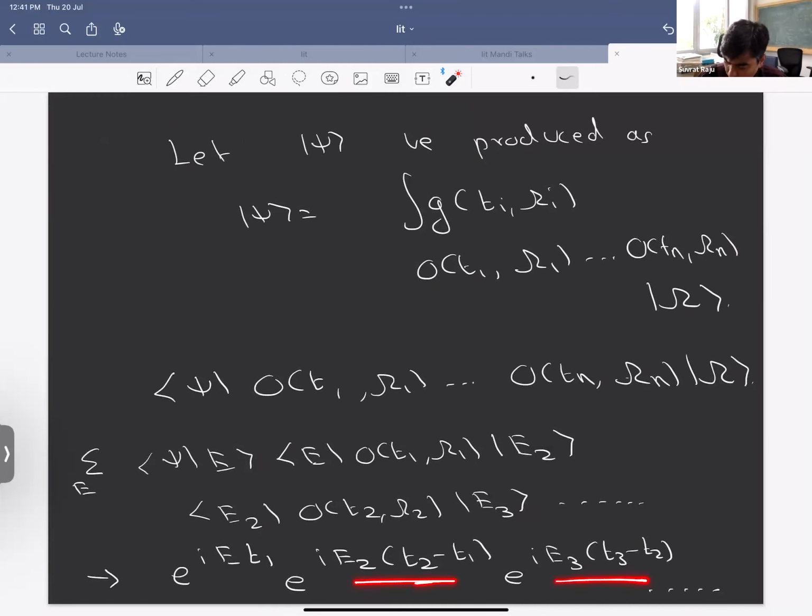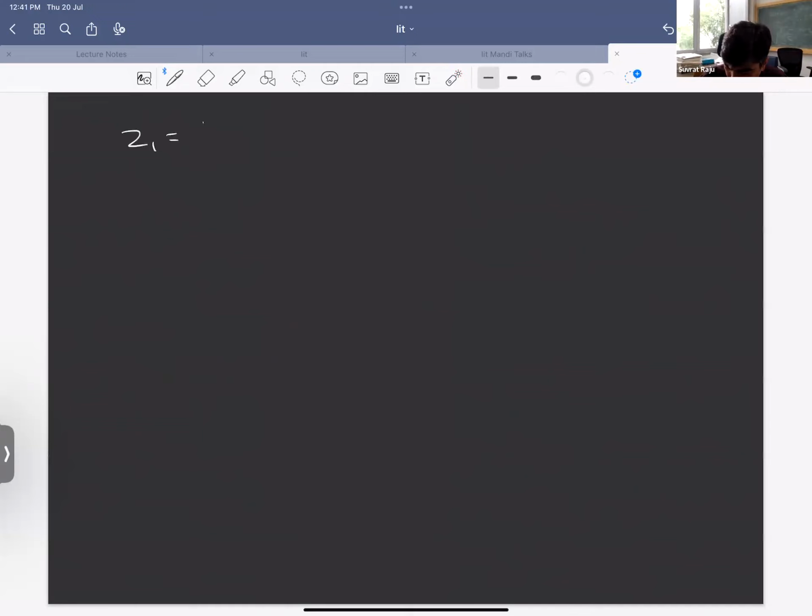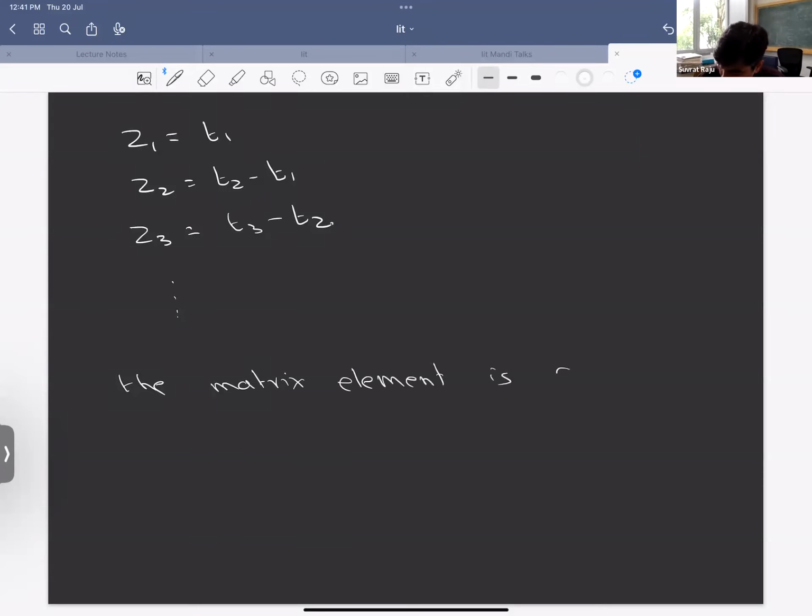And if you define some variables which look like Z1 equal to T1, Z2 equal to T2 minus T1, Z3 equal to T3 minus T2, then the matrix element is analytic when the zi's are extended in the upper half plane by the same logic that we had previously.